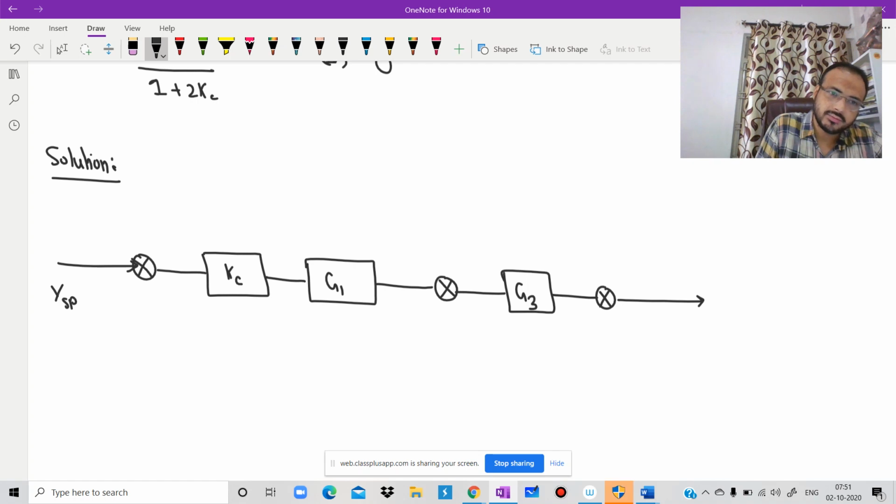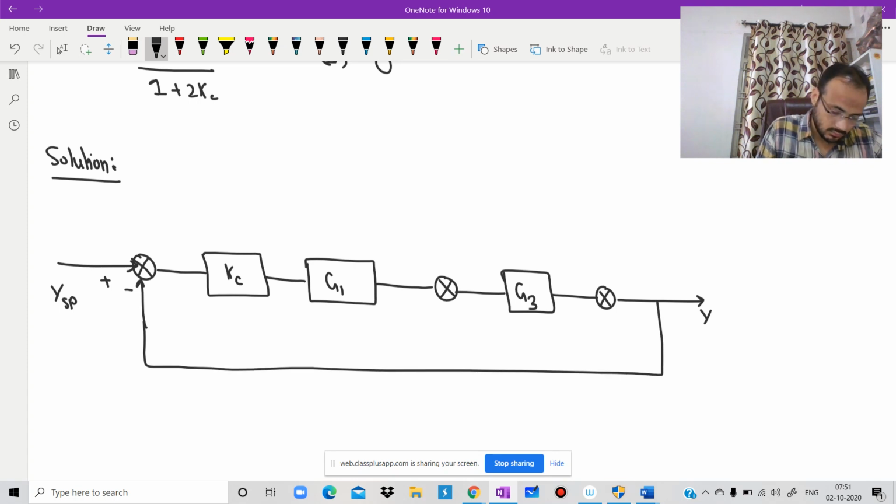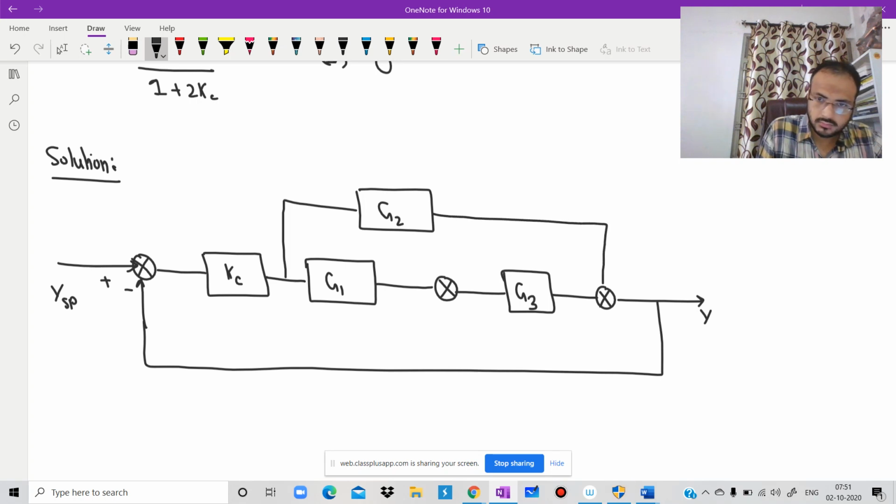It is y set point. It is y. It is z2. It is d.